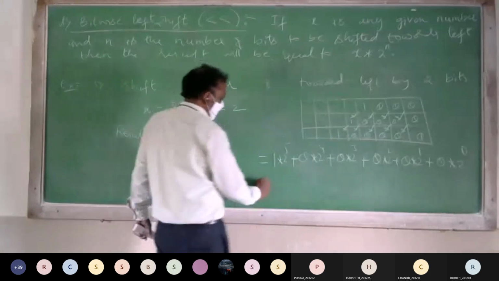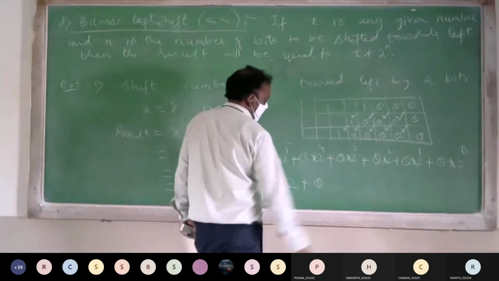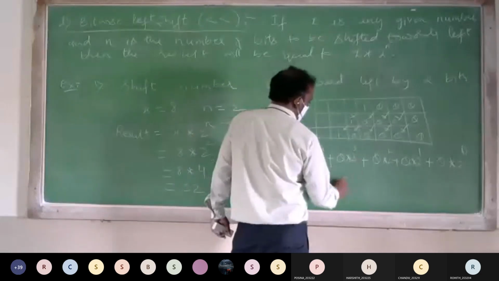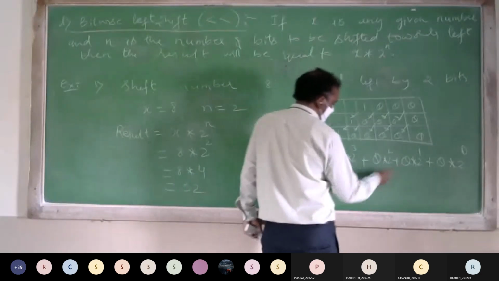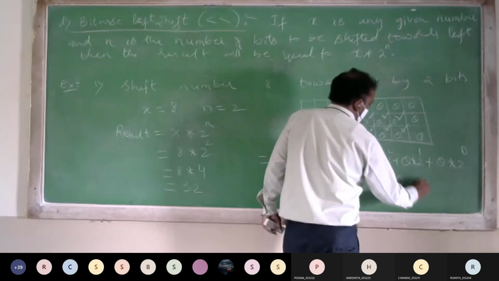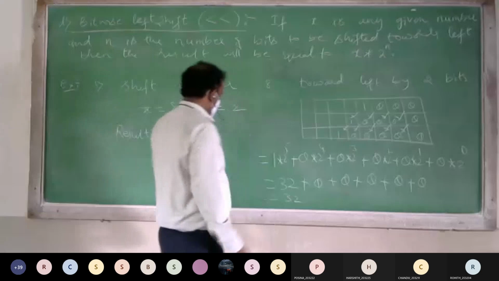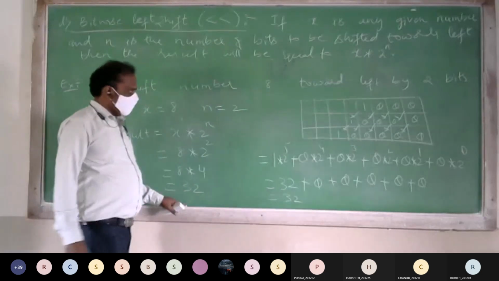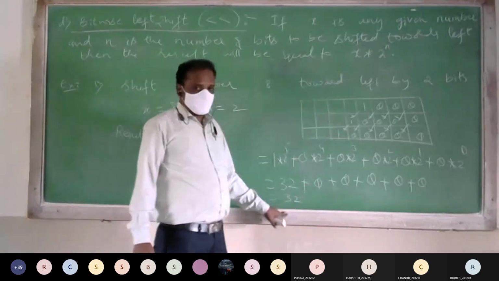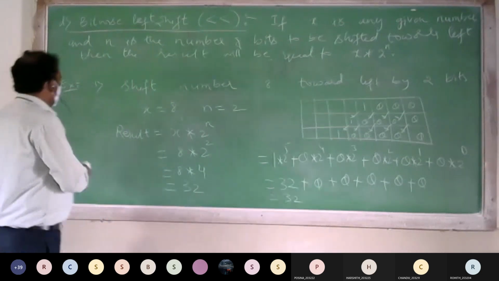What is 2 power 5? 32. 0 into anything is 0. So what is the result we have got? We have got 32. So we can use either formula or we can use the memory representation. We will get the same answer. Clear, everybody?